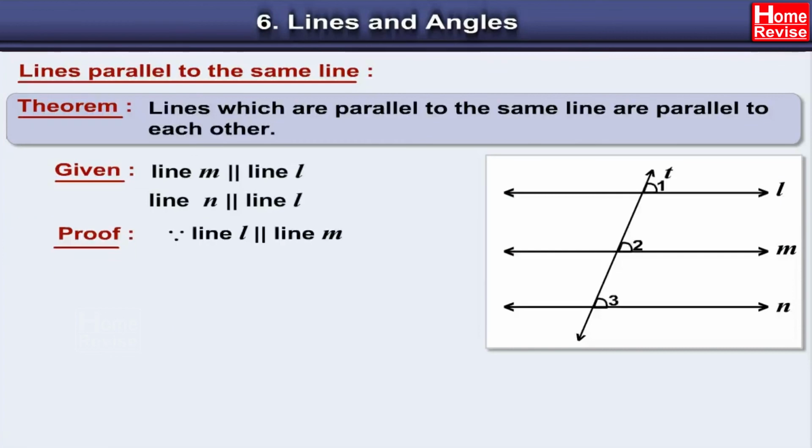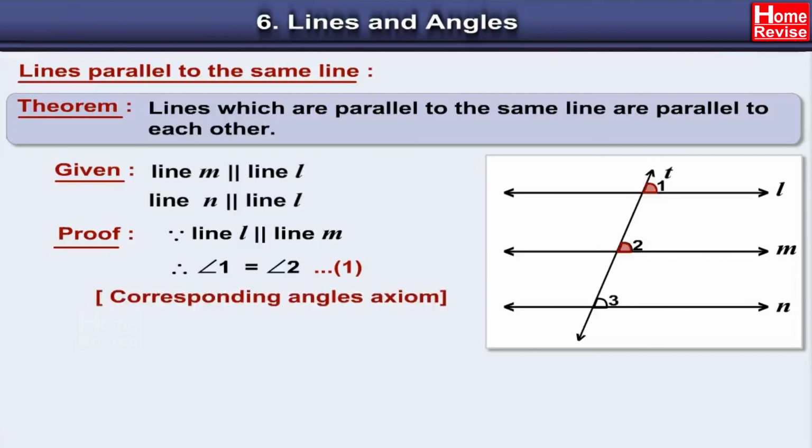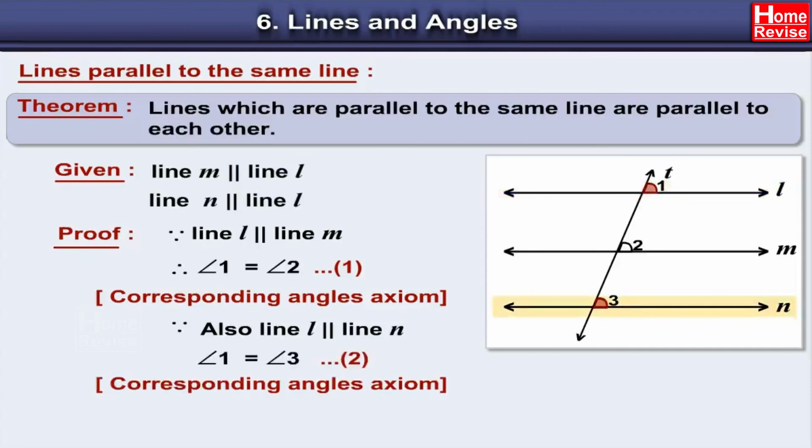Now, since line L is parallel to line M, angle 1 is equal to angle 2, by the corresponding angles axiom. Also, line L is parallel to line N, therefore angle 1 is equal to angle 3, by the corresponding angles axiom.